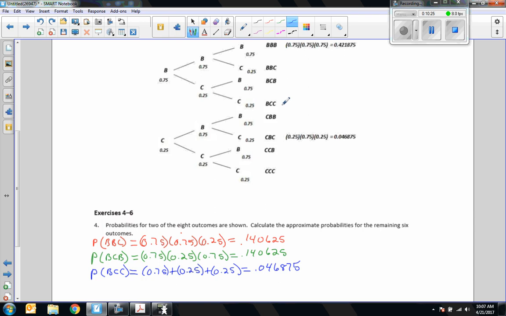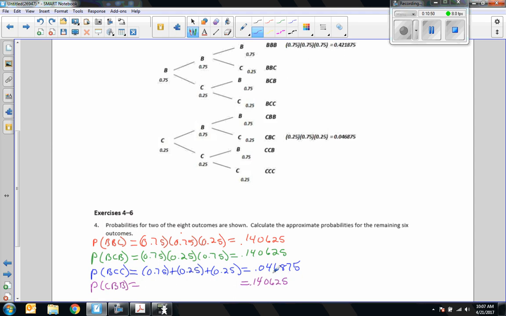Okay, so that's BCC. Now we're going to do CBB. So I'm going to say the probability of CBB, well, that's going to equal 0.25 and then 0.75 two times. So I see that we have two B's and a C here. There's two B's and a C here. I'm going to skip over. That is going to come out to be 14% again.